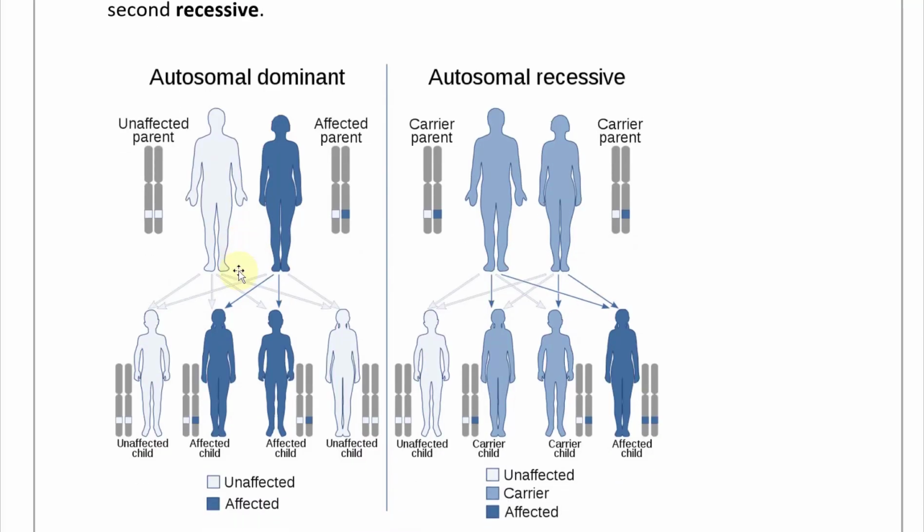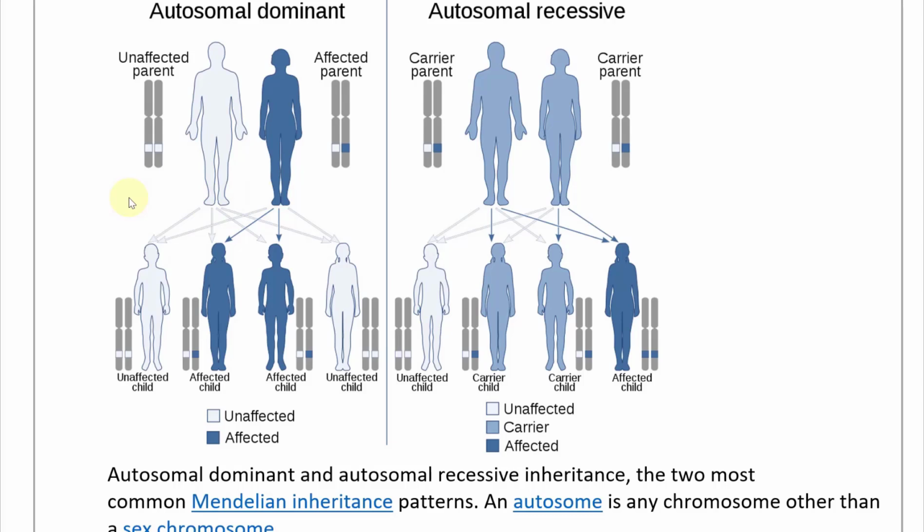In this blue one, this is autosomal dominant. For example, this one is not affected and doesn't have any of this gene. This one is affected and has a dominant one, so it has, let's say, blue eyes or blue skin. Then they have kids, and there is a chance of sharing chromosomes, so a child could get this one and this one.